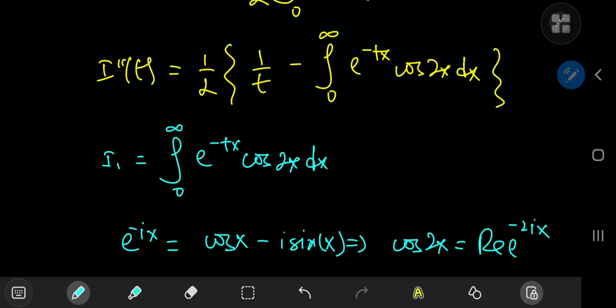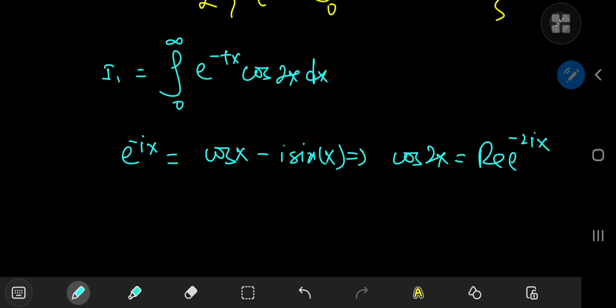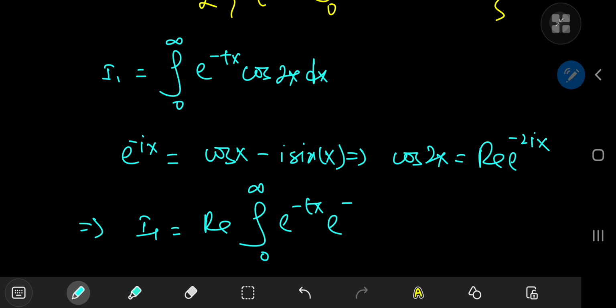So I'm just going to introduce an extra negative sign here as well, to multiply out two exponential functions with negative arguments. It makes the complex number algebra a lot nicer. You'll see what I mean. So this implies that we can write I sub 1 as the real part of the integral from 0 to infinity of e to the negative tx times e to the negative 2ix dx.